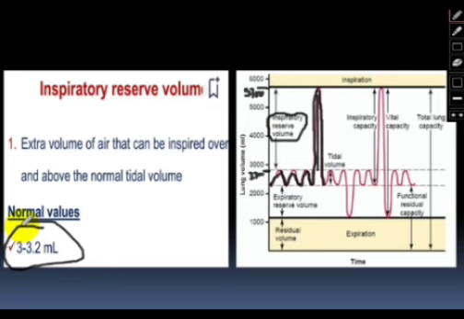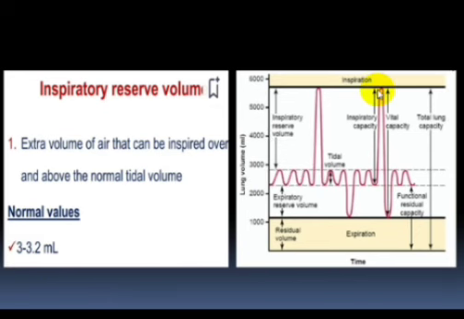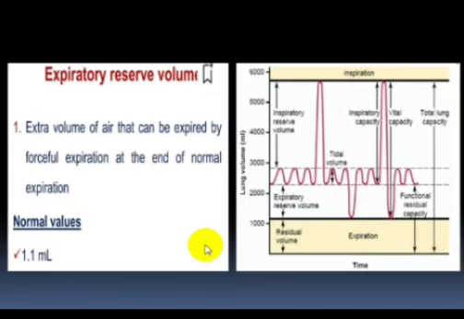Okay? So the normal range is between 3,000 to 3,200 mils. But this is in mils. Alright? So it's 3 to 3.2 liters. Is that clear? Any question? No, sir. Okay, going forward.